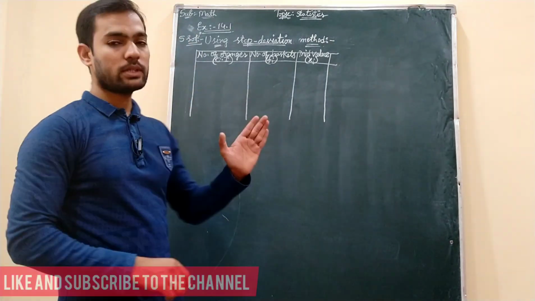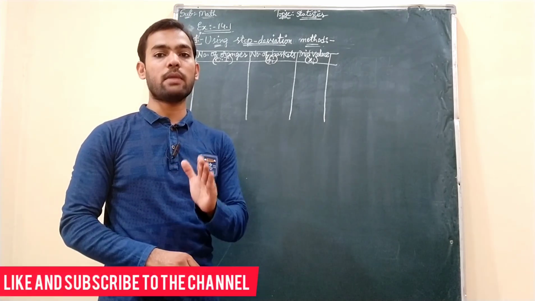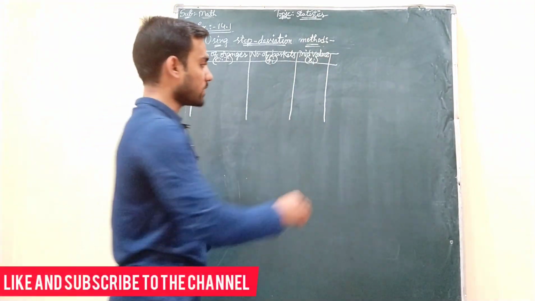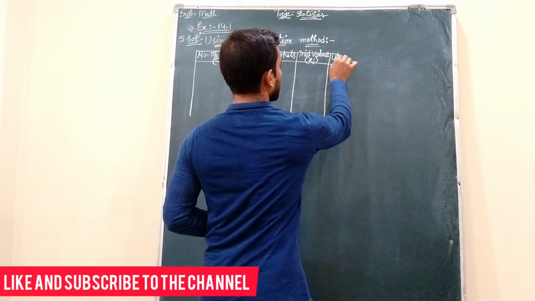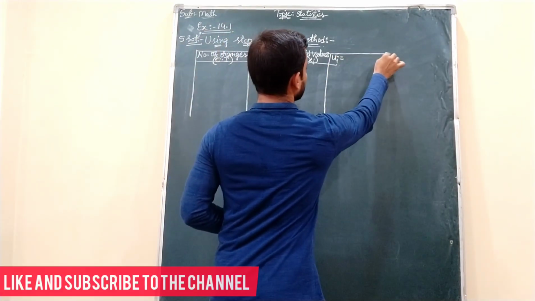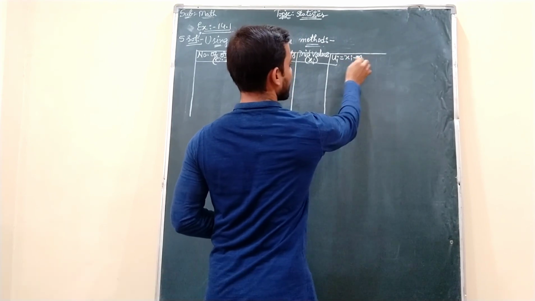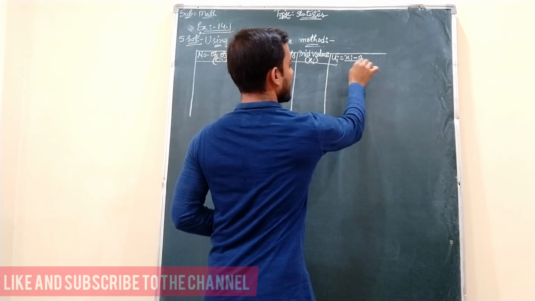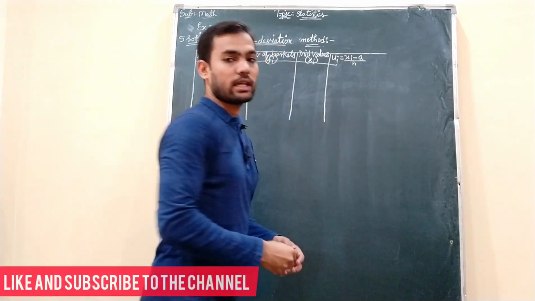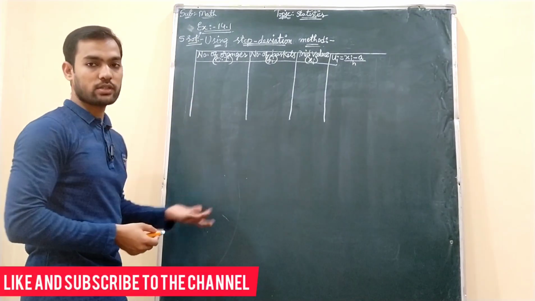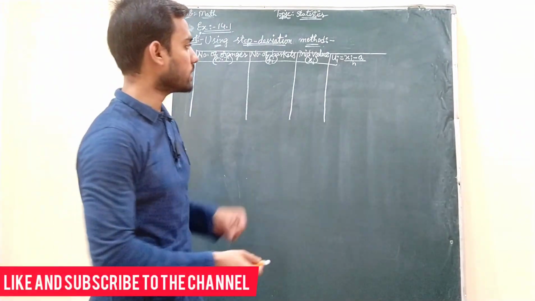Now if you remember, the formula is A plus sigma fi ui, divided by sigma fi, times h.